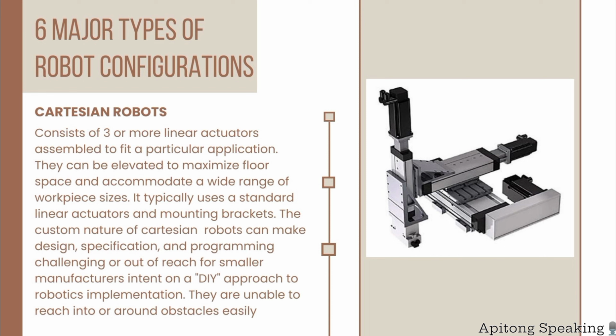They can be elevated to maximize floor space and accommodate a wide range of workpiece sizes. It typically uses standard linear actuators and mounting brackets. The custom nature of a Cartesian robot makes design, specification, and programming challenging or out of reach for smaller manufacturers intent on a DIY approach to robotics implementation.